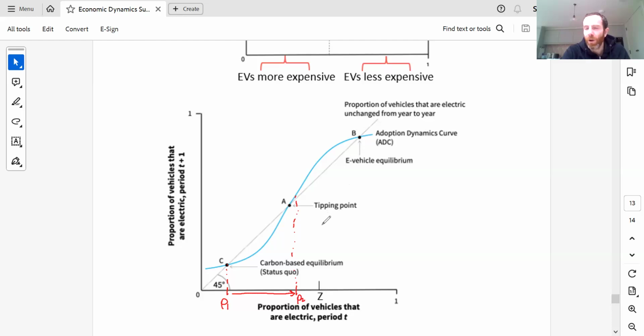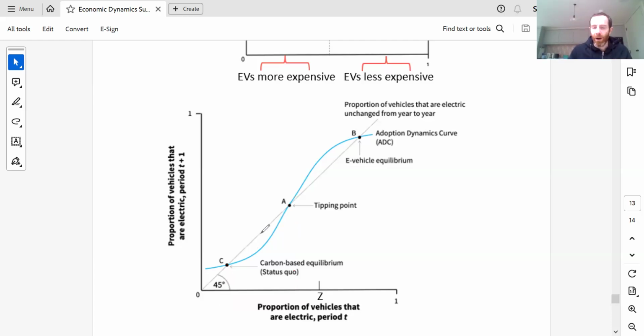Because we're saying that there's enough green values in society that if we get close enough, if we get to the point where electric vehicles are similar, but still a bit more expensive than petrol cars, that's enough to push us over the edge. That's enough to start the process of getting to higher and higher proportions of people owning electric vehicles.